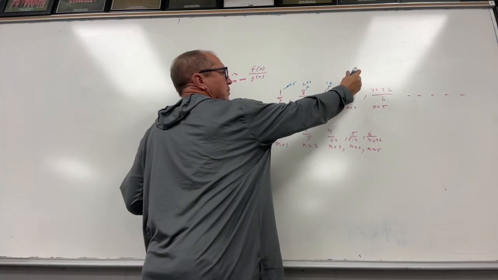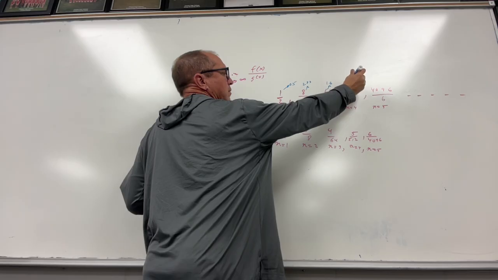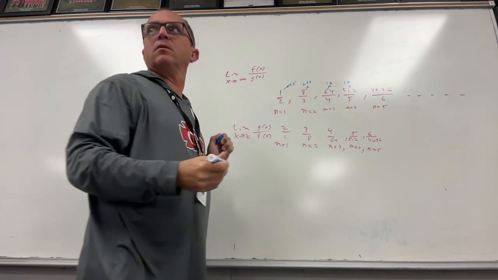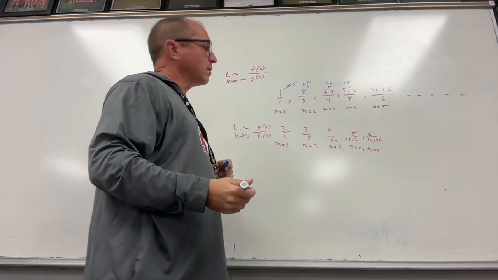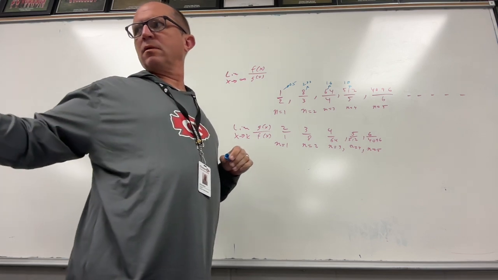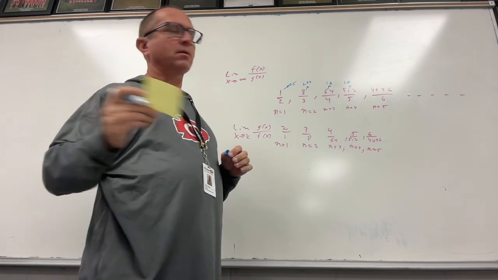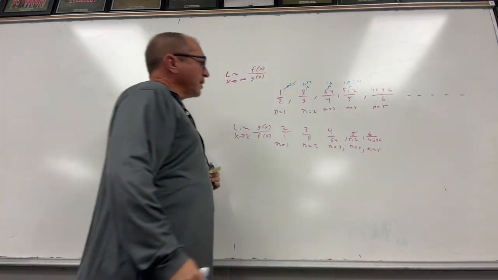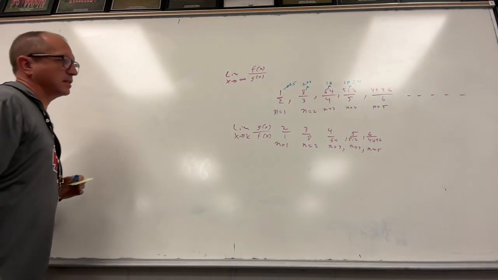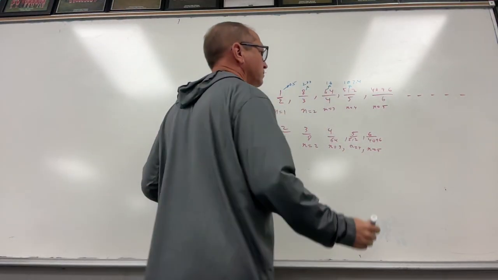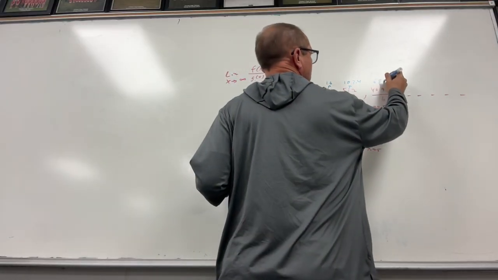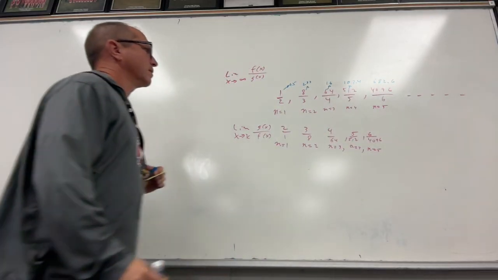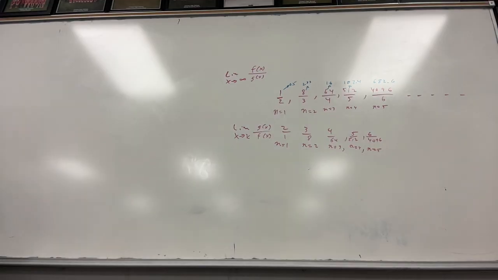We increase the bottom by 1 and multiply the top by 8. So that's 102.4. And then 4,096 divided by 6 is 682.6 repeating.